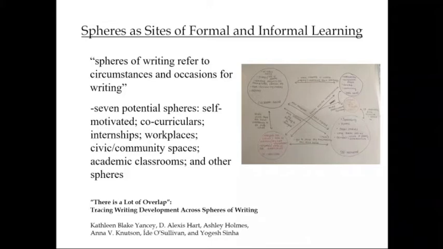Anna has just moved to Canada, so she was in the States, she's now in Canada. Ilya Sullivan, who is at Limerick, and Yogesh Sinya, who is in Oman. What we were interested in was learning from students about the spheres in which they write and the connections they see across them. So you can see that we've defined spheres of writing as circumstances and occasions for writing.